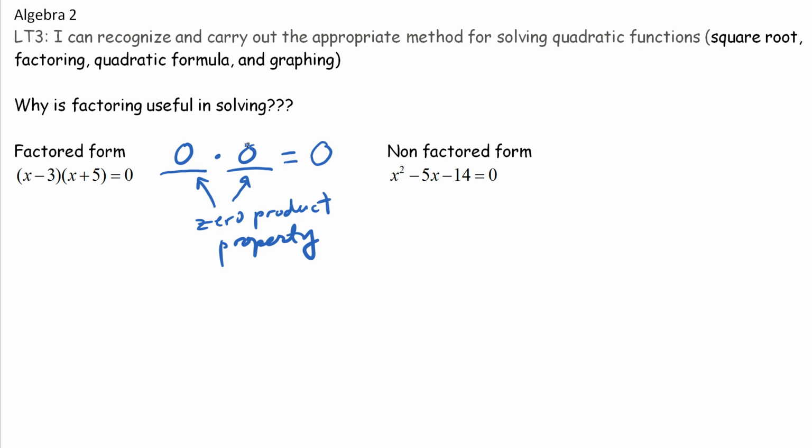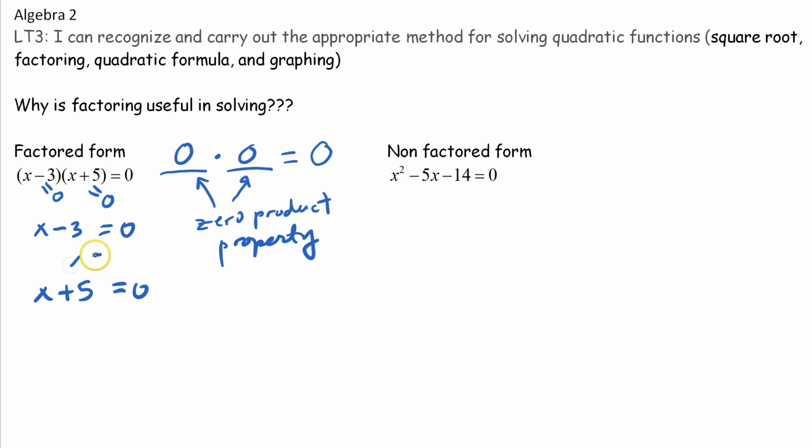So, with that in mind, looking at a problem that's already in factored form, we can say, alright, the only way that this product can be equal to 0 is if either this factor equals 0 or this factor equals 0. So by solving each one of those scenarios, you say x subtract 3 equals 0 or x plus 5 equals 0.